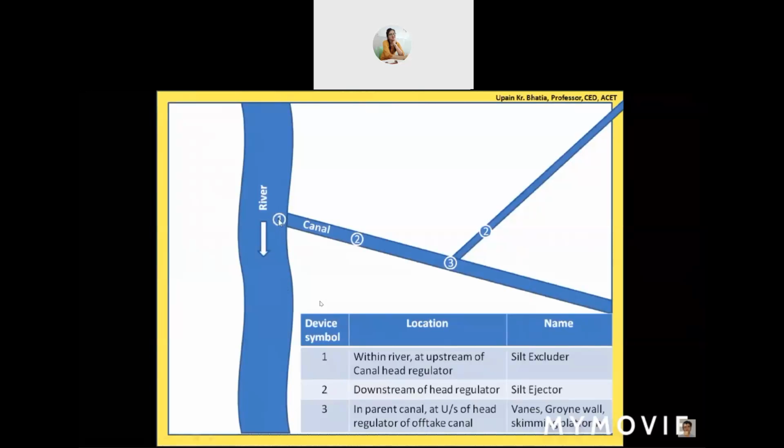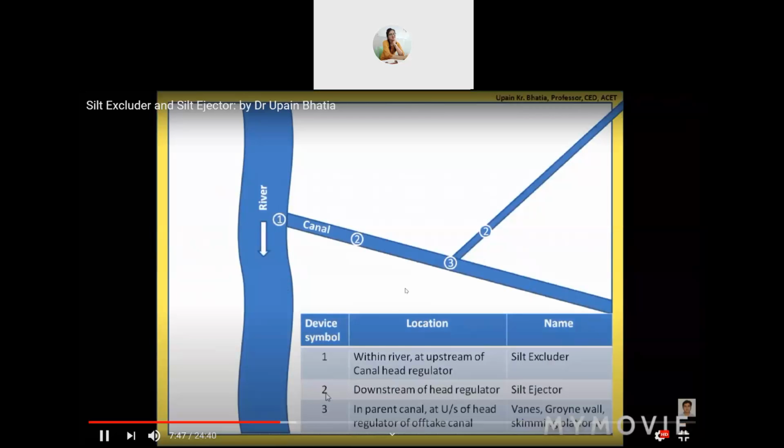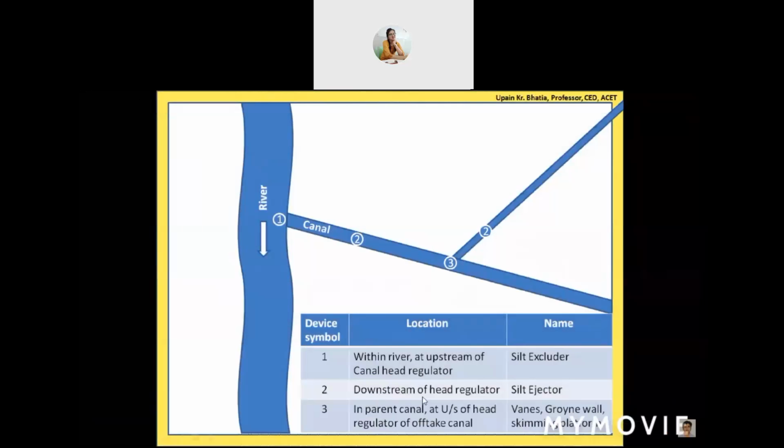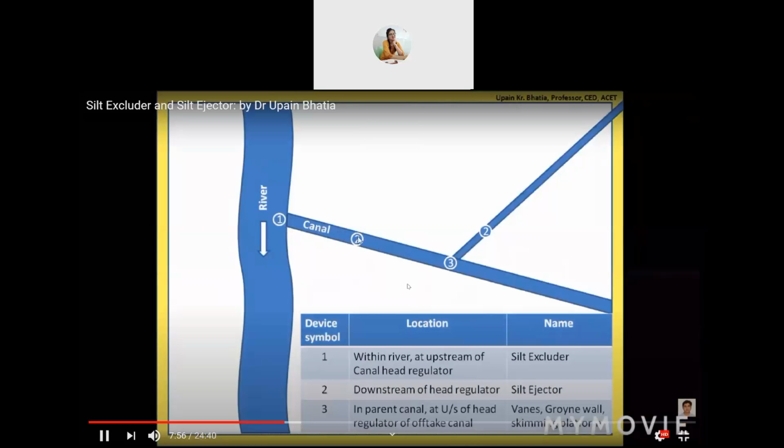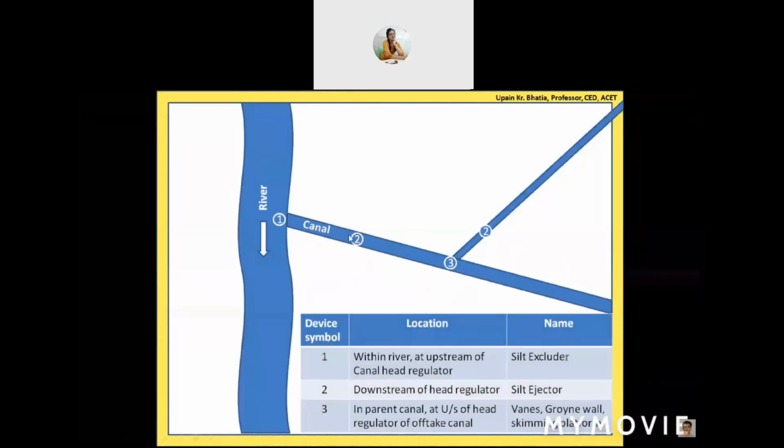So first device is to be provided and its name is silt excluder, that you have discussed in the previous lecture also. Now device symbol 2, its location is downstream of the head regulator. So here we have the head regulator and on the downstream side of the head regulator, we are providing the structure category 2. The device symbol is 2 and its name is silt ejector.